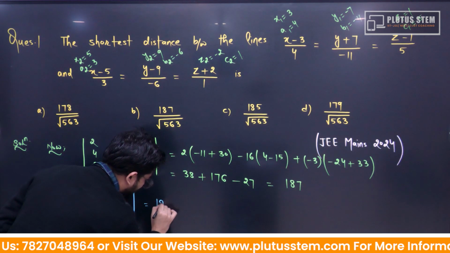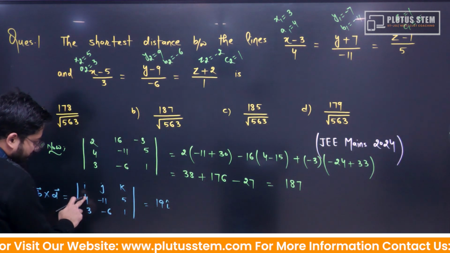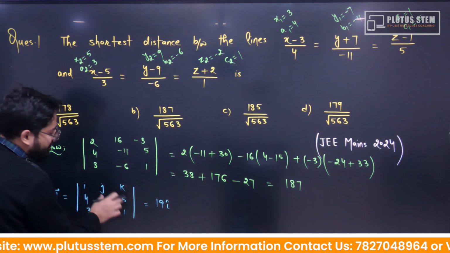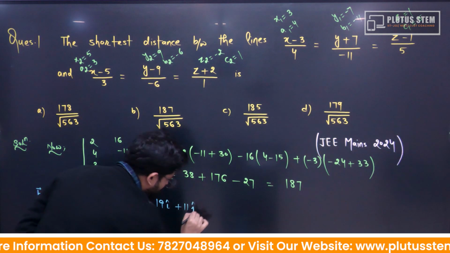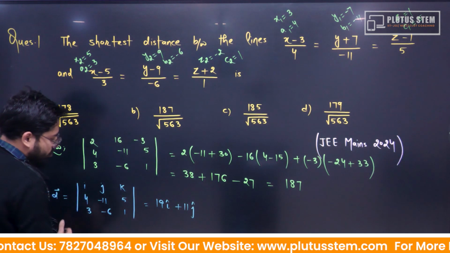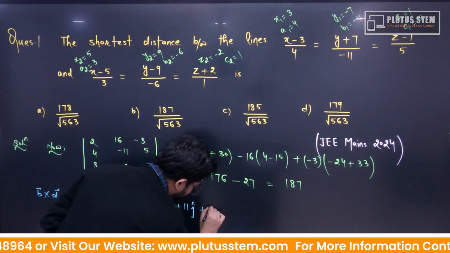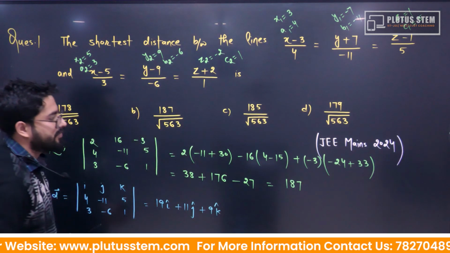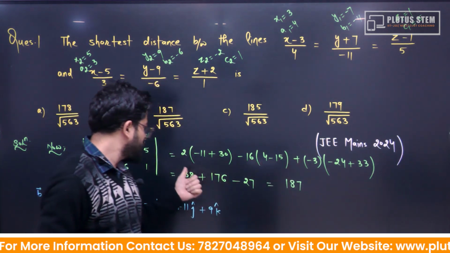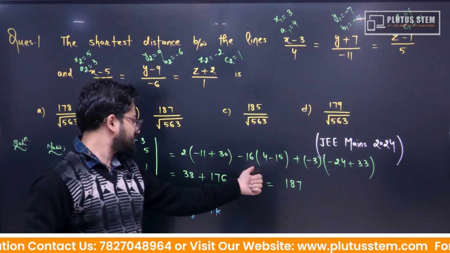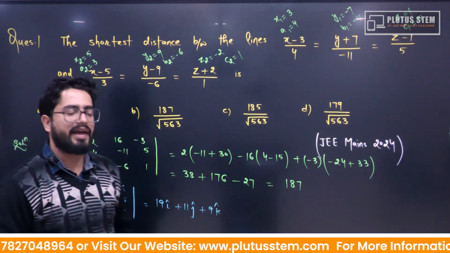So this is 19 i cap, then 4 minus 15 is minus 11, and minus minus plus, so plus 11 j cap, and minus 24 plus 33, that is plus 9 k cap. So this is 19i plus 11j plus 9k cap.